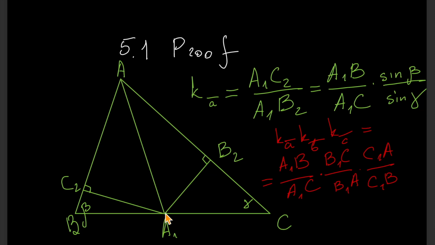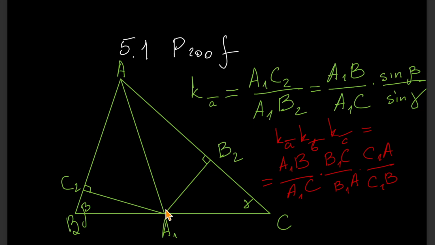We only have to notice that since k a bar, in its definition, is independent of the point on the Cevian, we can calculate it at A1. And so we obtain that k a bar is equal to A1C2 divided by A1B2. But A1C2 is A1B times sine beta, so it's the numerator of this fraction.